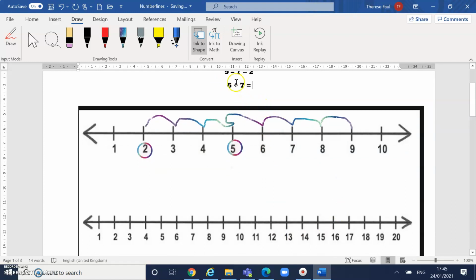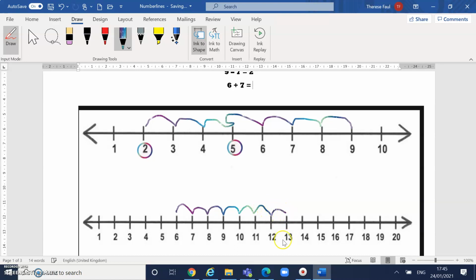So 6 plus 7, 6 is the first part of the sum, so I go and I find the number 6 on the number line. Here it is, and it's plus 7, so I'm moving to the right. 1, 2, 3, 4, 5, 6, 7, and I end up with the number 13. Is that okay? So I go back up here and I type in the number 13.